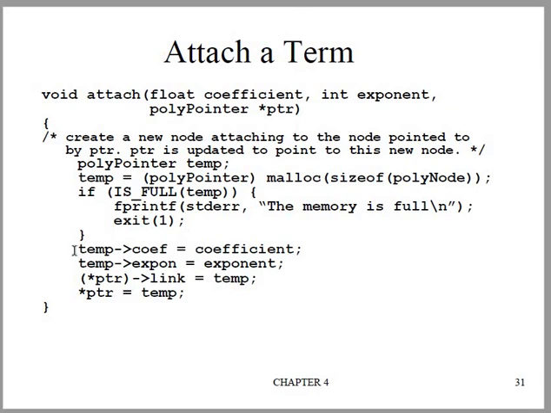Then if memory is available, temp coefficient equals the coefficient we have passed as argument to this function, and temp exponent is the exponent we passed as the argument. Then pointer link is equal to the temporary node. So the pointer is the existing rear pointer value, its link is equal to the new node we have created, and now the existing rear pointer should point to the new node we have added to the polynomial linked list.